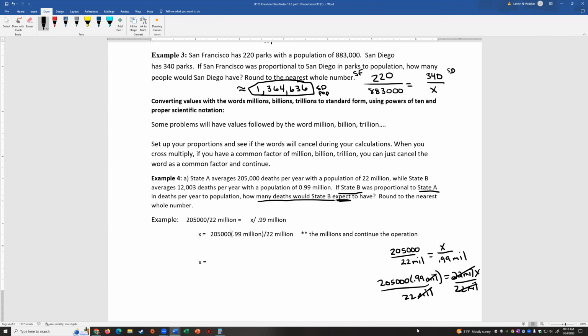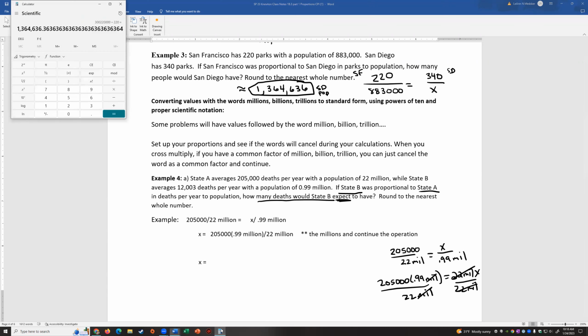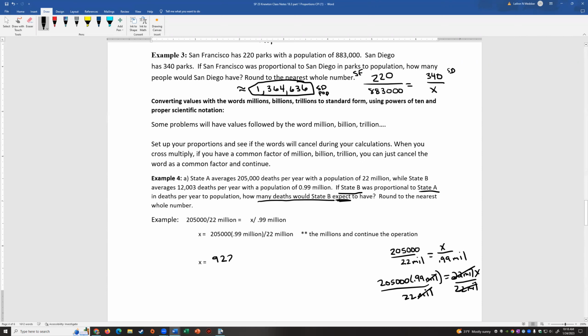So the million part, the word million, is the same. So we can cancel that out. So we're just doing 205,000 times 0.99 and then dividing that by the 22. So they should have 9,225 deaths in state B if it was proportional to state A.